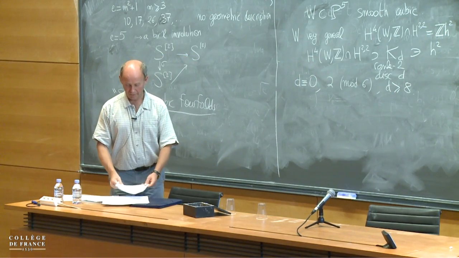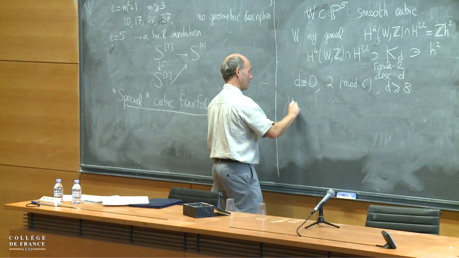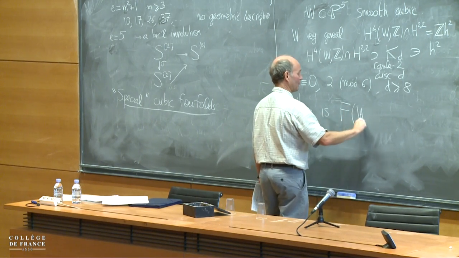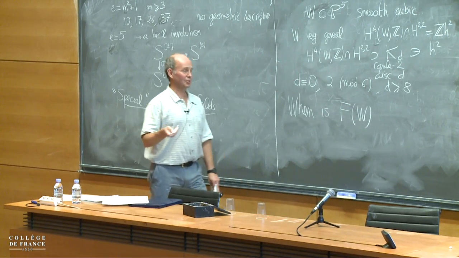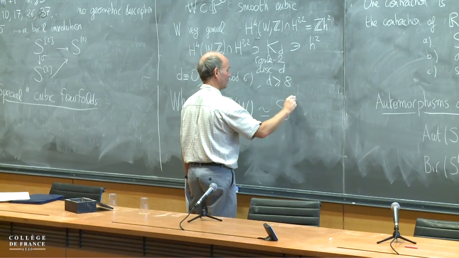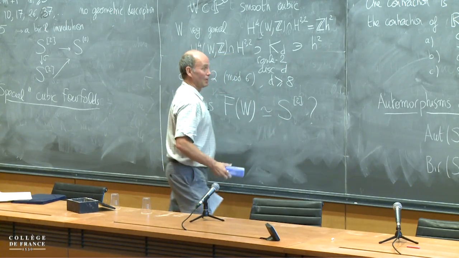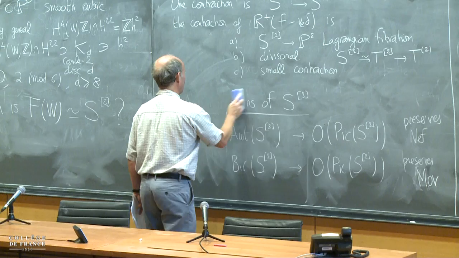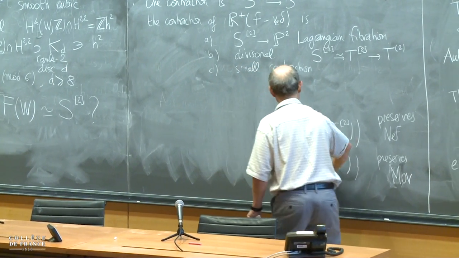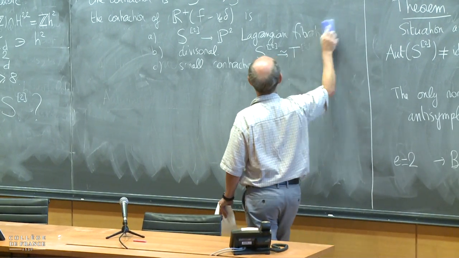Okay, so the question I want to answer here is when is F(W), the fourfold of lines contained in W, isomorphic to a Hilbert square. In other words, I want to generalize the Beauville-Donagi isomorphism that I explained at the beginning.